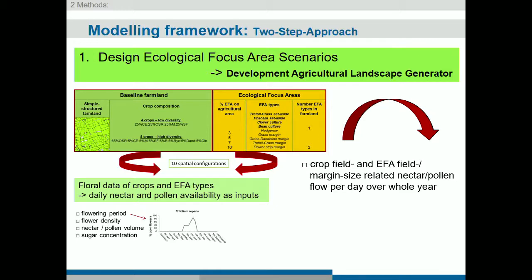And here we considered and inputted the data about the flowering period, the flower density, nectar and pollen amounts, and also the sugar concentrations.